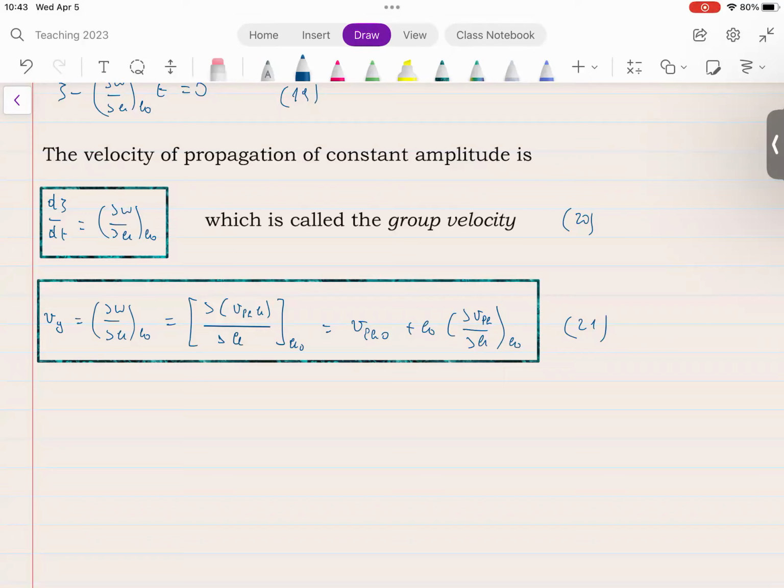The fact is that the information is carried by the wave packet, which travels at the group velocity. And the group velocity is always going to be less than the speed of light. If we find that the group velocity is larger than the speed of light, we did something wrong.